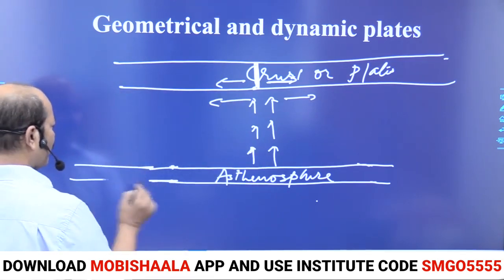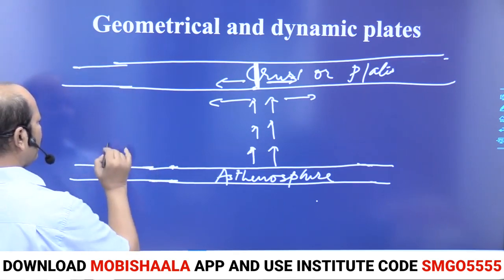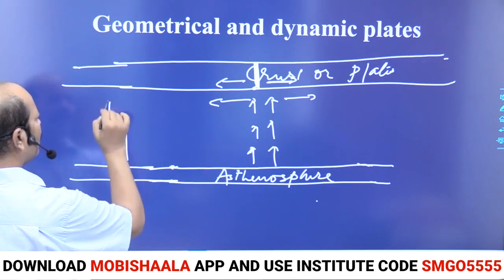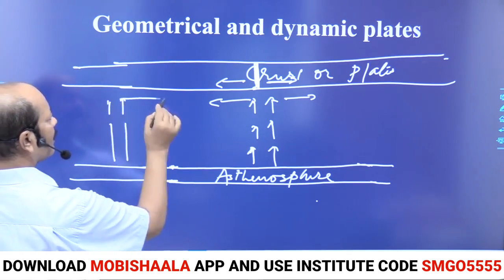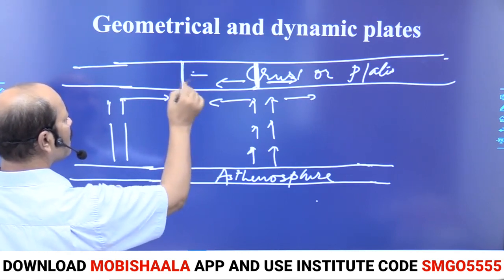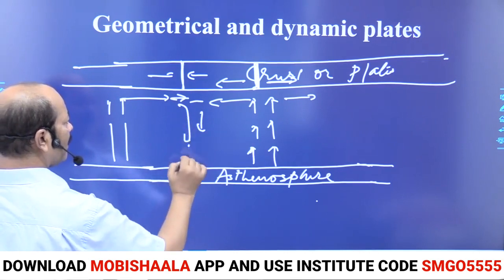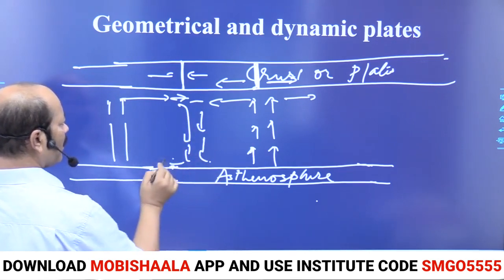Now say there can be a large area of the earth. Here can also be the movement of convectional current. Then the two currents will come closer, so the plates will also come closer. So in this area the cycle will follow like this.